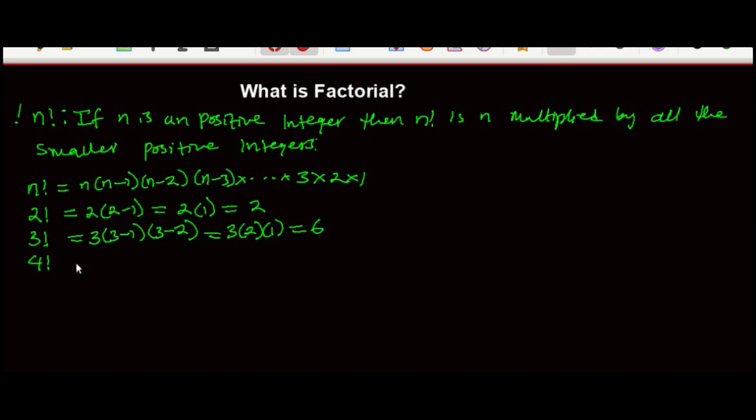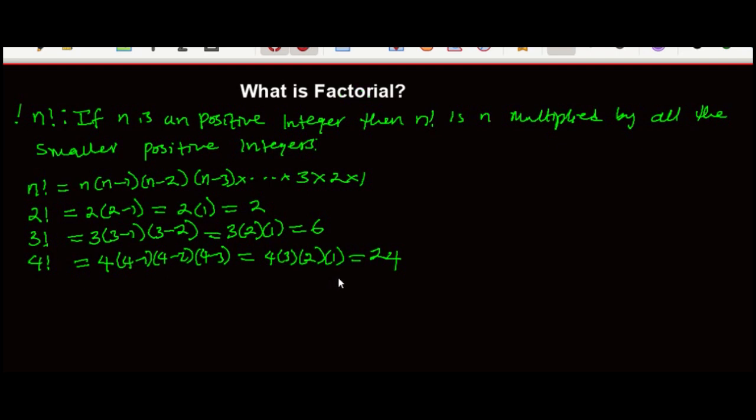How is it going to look like? 4 factorial is just in the same way: 4 multiplying 4 minus 1, multiplying 4 minus 2, multiplying 4 minus 3, and this is going to give rise to 4 multiplying 3, multiplying 2, multiplying 1, and this is going to give you 24. So that is that for factorial.